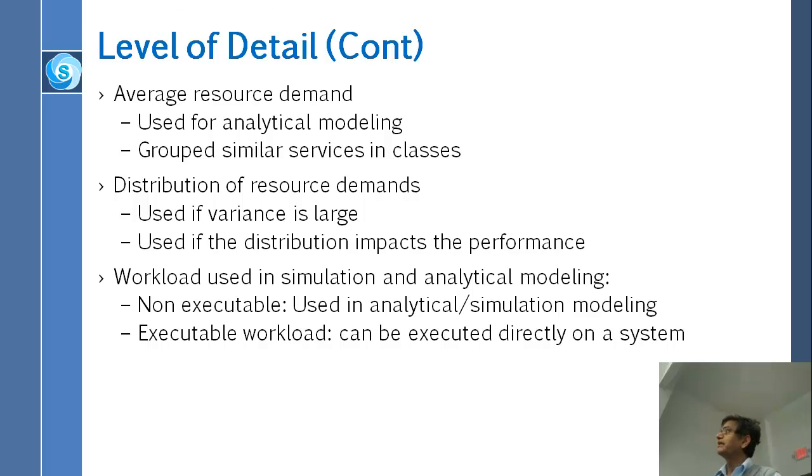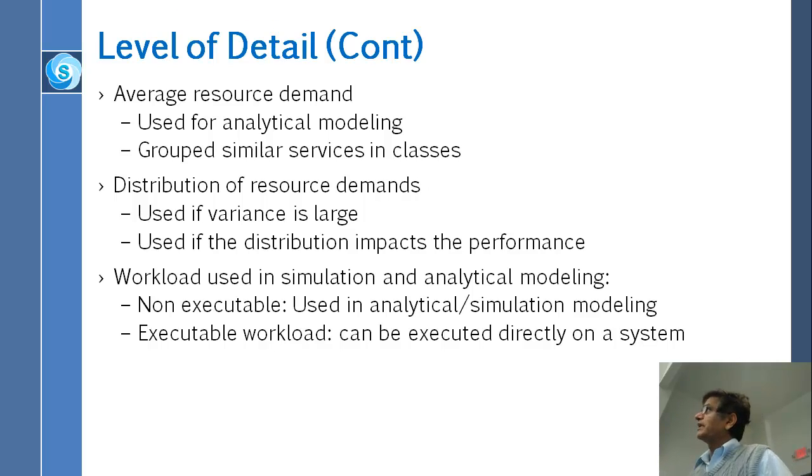Average resource demand. So generally for analytical modeling, all you need is one number, average. You say, well, I need 2 seconds of CPU per transaction. And then you group similar services into classes, and you say for class 1 I need 2 seconds, for class 2 I need 3 seconds, for class 3, and so on and so forth.